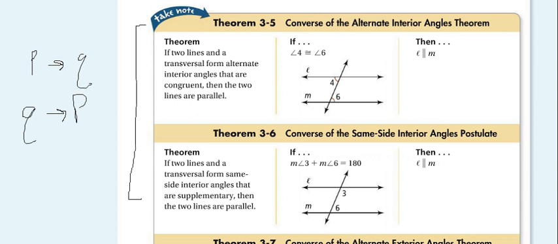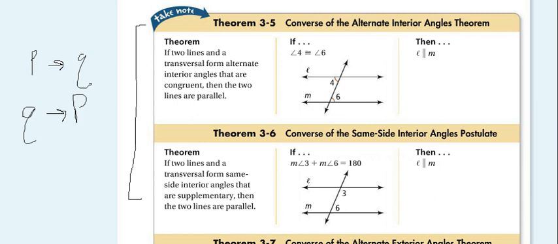You don't need to draw this example over and over, but just make sure that you say, like, angle 4 and angle 6, then the two lines are parallel. Same thing with the converse of the same side interior angles. If two lines and a transversal form same side interior angles that are supplementary, then the two lines are parallel.